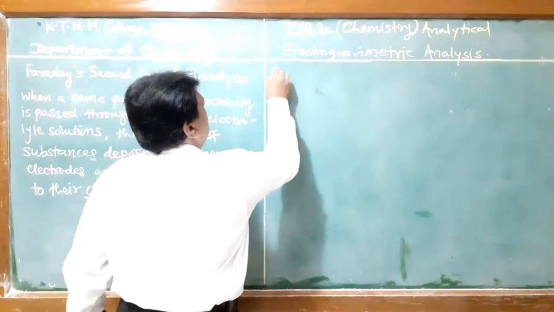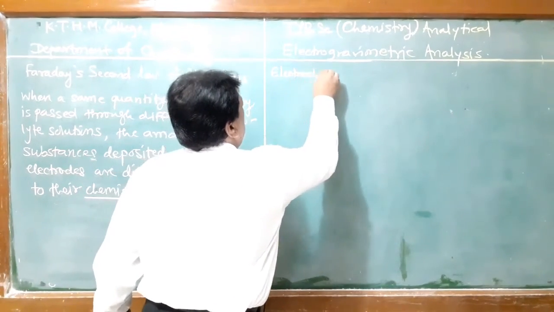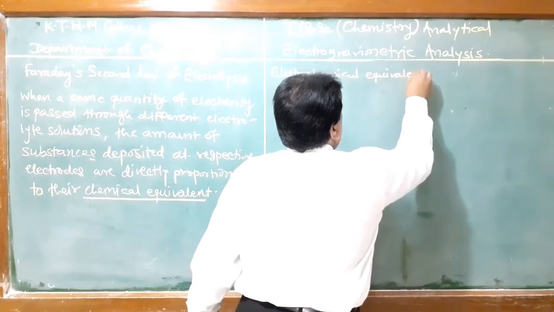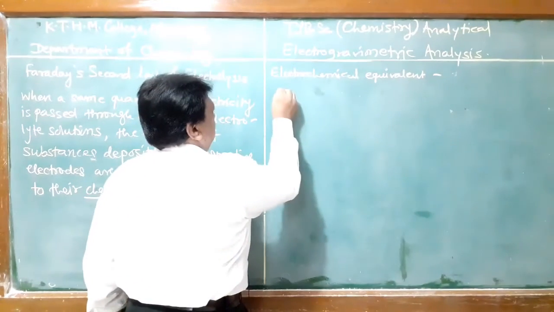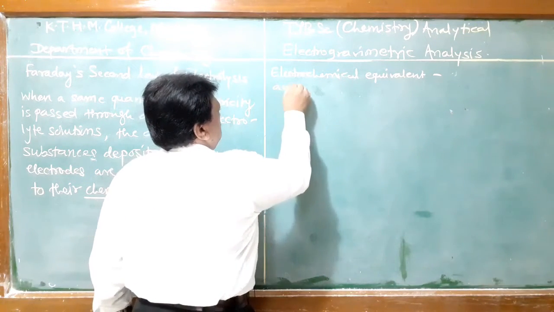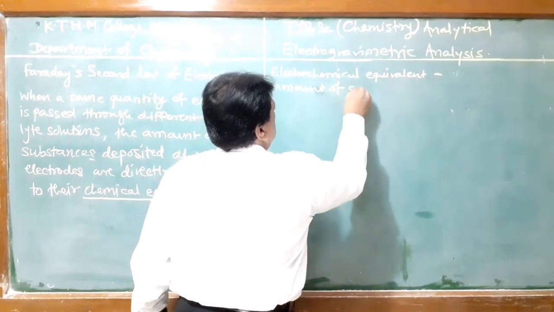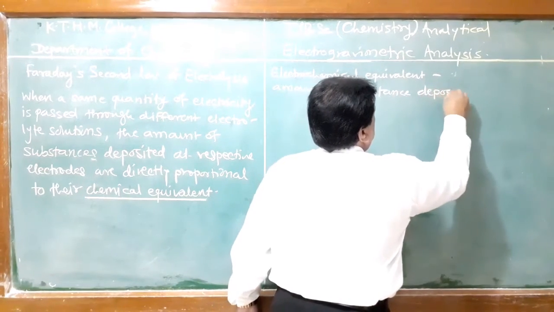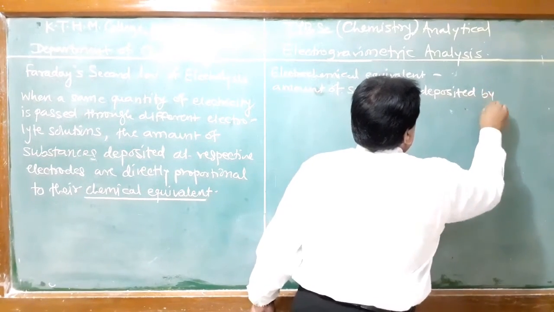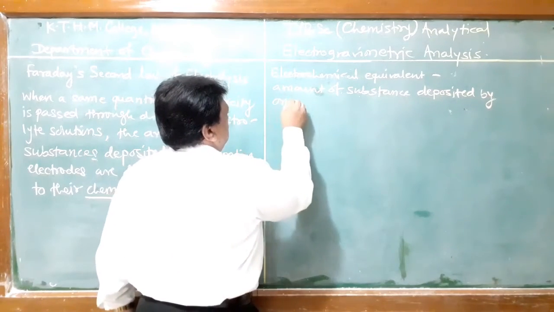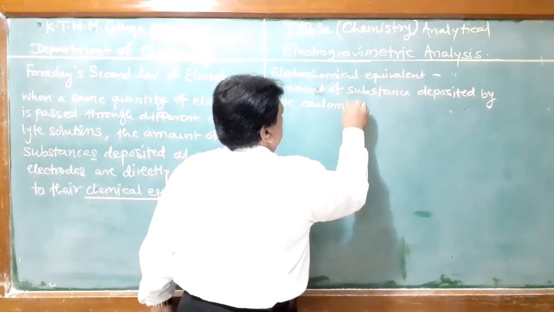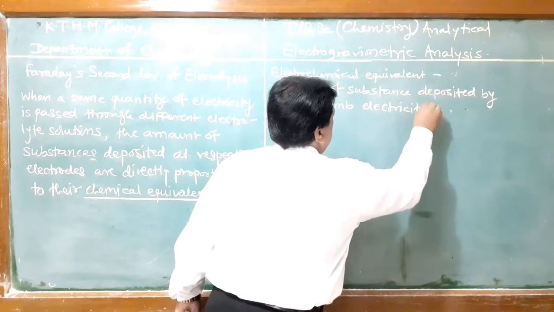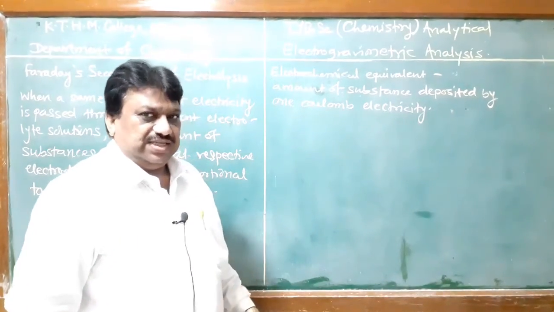Last time we discussed electrochemical equivalent. Electrochemical equivalent is the amount of substance deposited by 1 coulomb of electricity, and that amount is called the electrochemical equivalent.